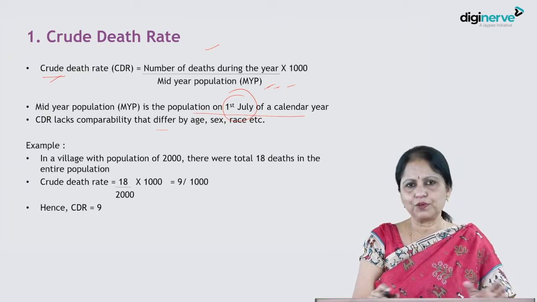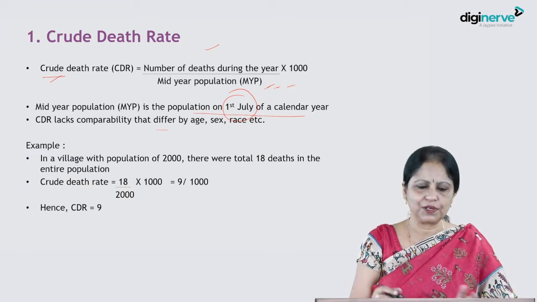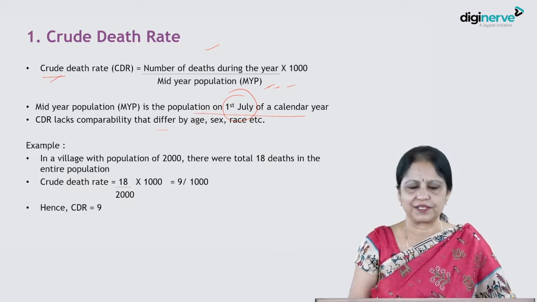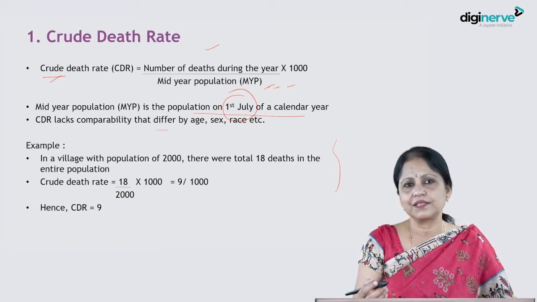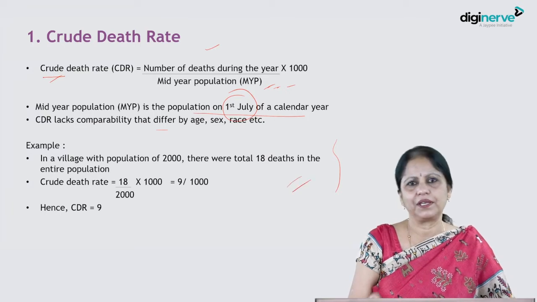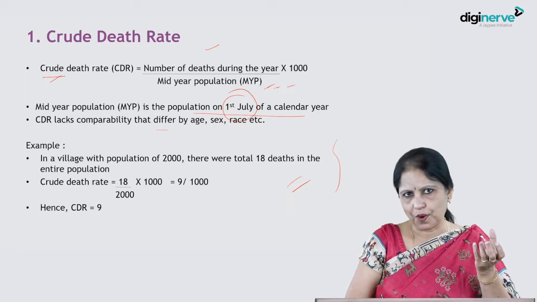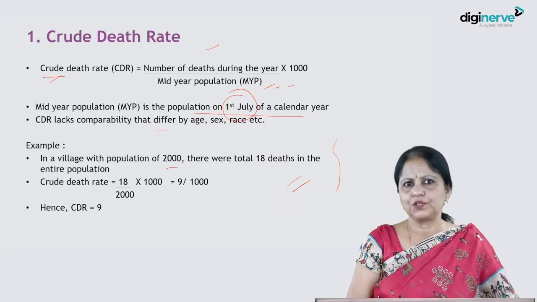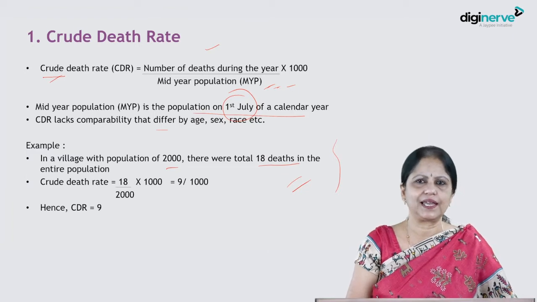I will just calculate one example. You can understand it and subsequently work out your own exercises, because these are very important for your practical exams and can also come in MCQs. The example: we have a village population of 2000 people and there were a total of 18 deaths in a calendar year.